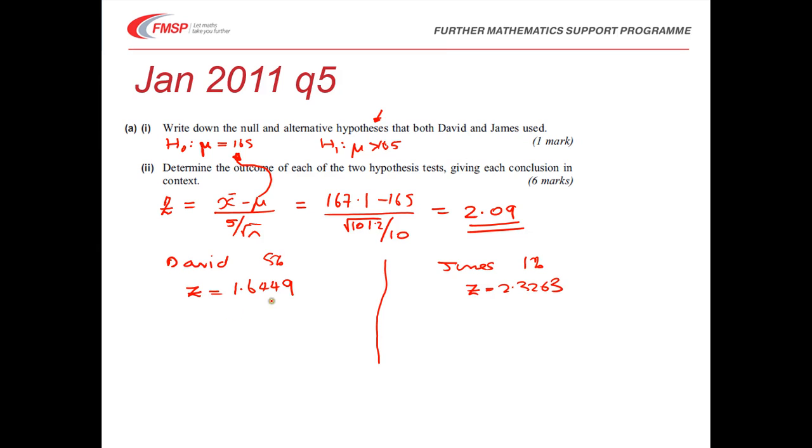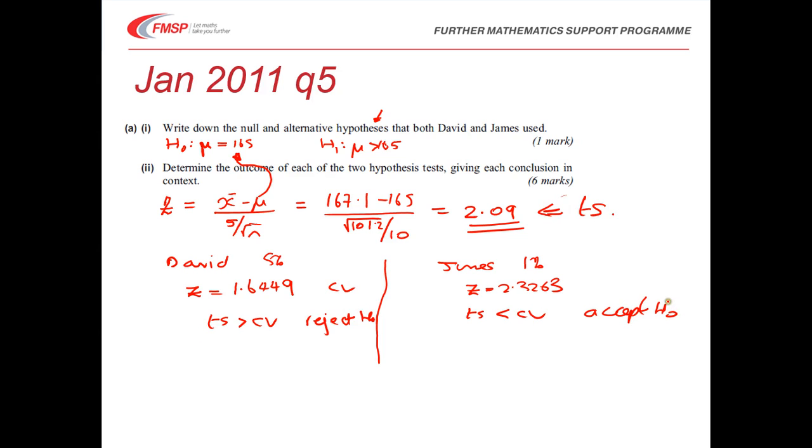Here, this is your test statistic and these are your critical values. I can see my test statistic is greater than my critical value for David, whereas for James my test statistic is less than my critical value. So this leads me to reject H0 for David, and this leads me to accept, or not reject, H0 for James.